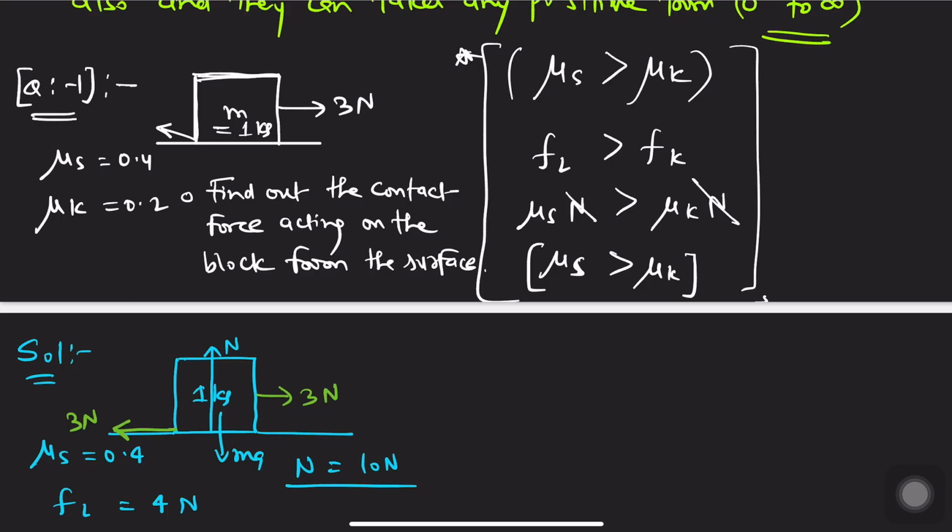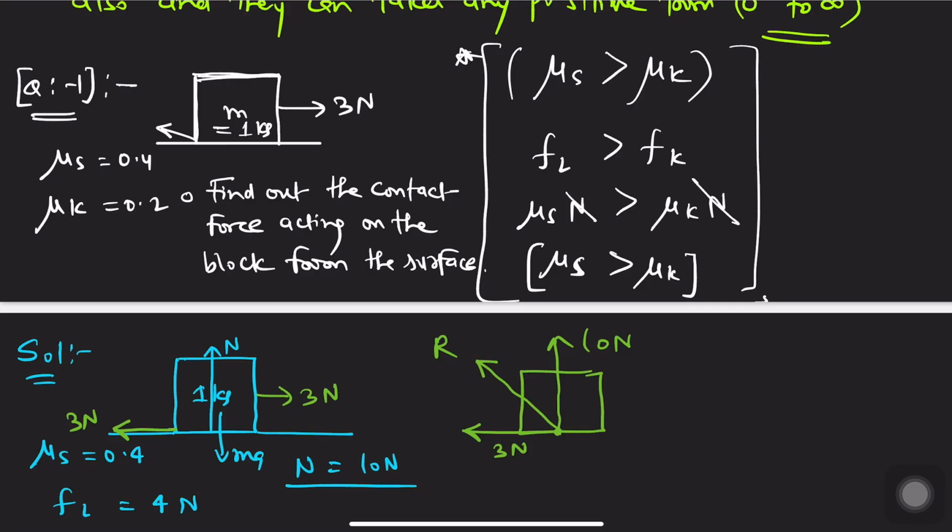Because it has to just stop the possibility of relative motion. So on the body there are two forces acting. One is 3 Newton from the surface, and another force is 10 Newton in this direction. Of course, the resultant of these two will be your net contact force.